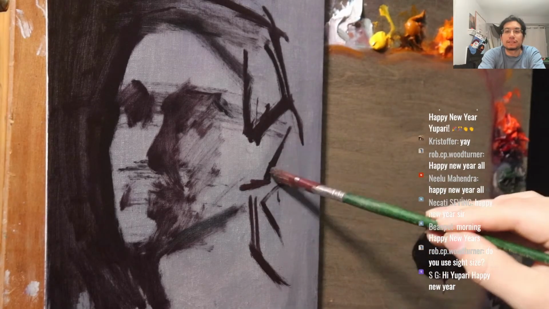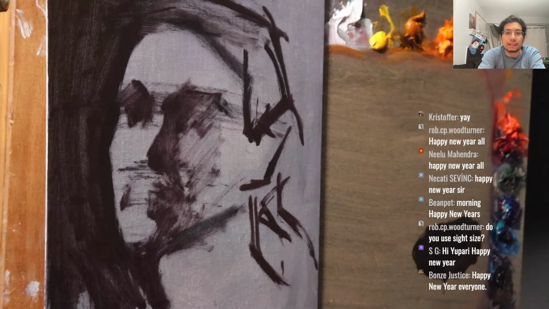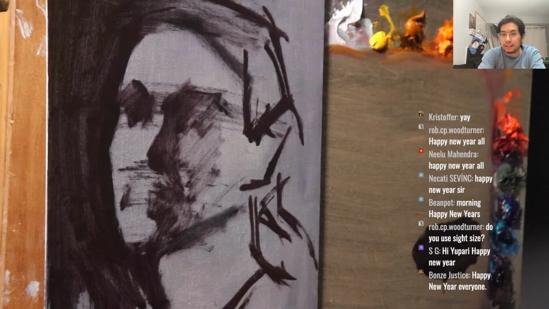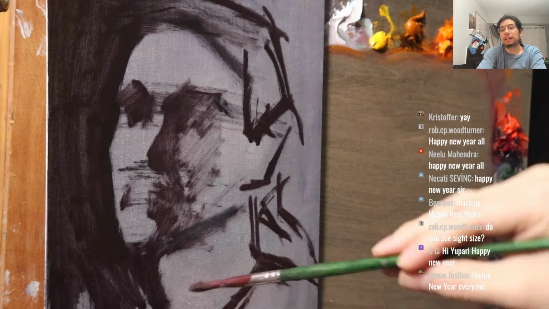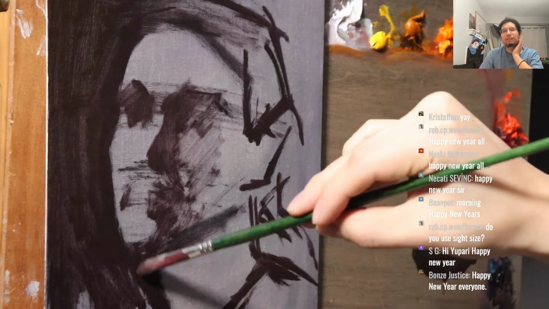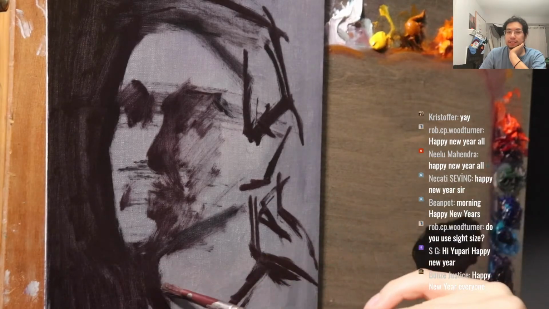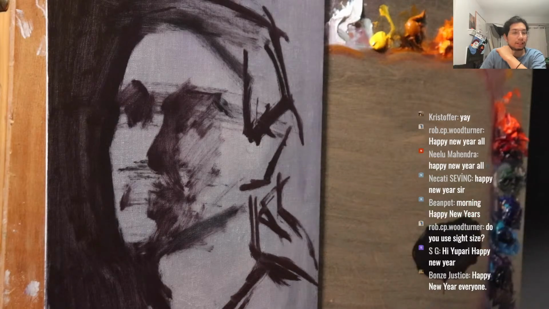In that essence, it doesn't have to be perfect like a photograph, but it has a series of moments all in one. So that's what makes portrait painting so special. And I'm glad everyone suggested this one, how to achieve a likeness, because likeness is a very misunderstood thing.